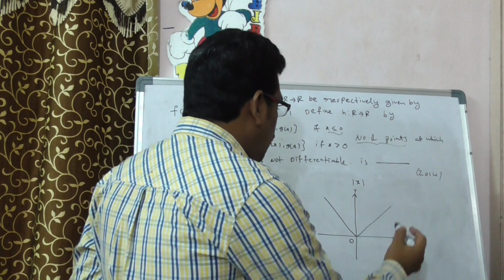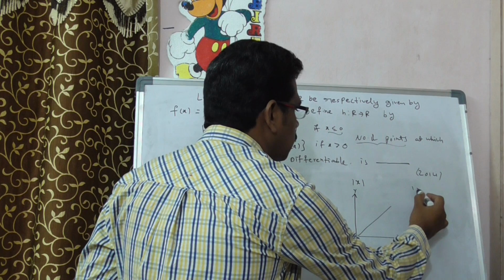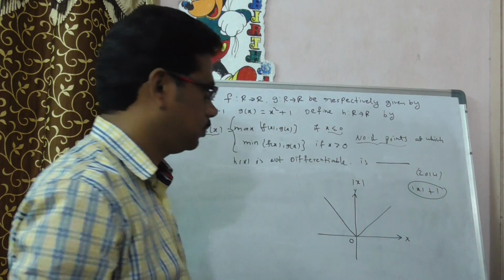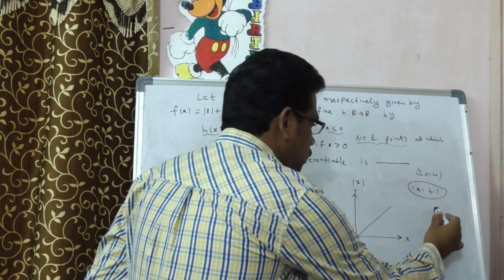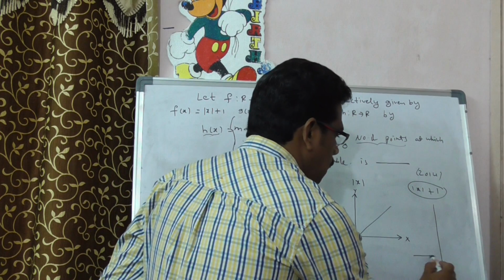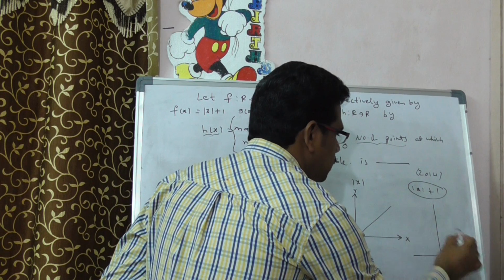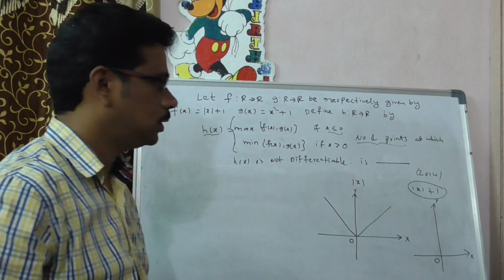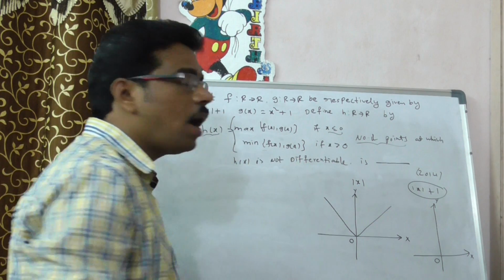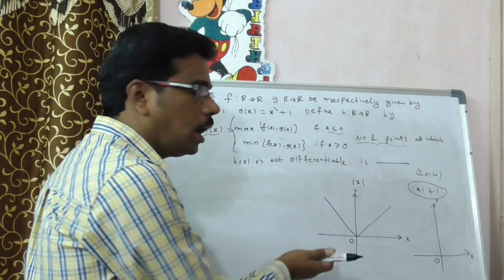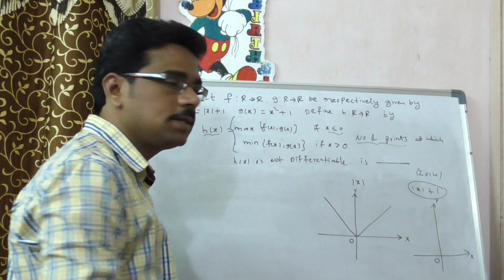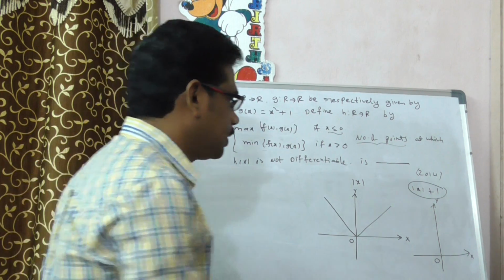Now observe what is mod x plus 1. Mod x plus 1 graph. Here this is the x-axis, y-axis, origin. To draw mod x plus 1, move this graph upwards along the y-axis by 1 unit.